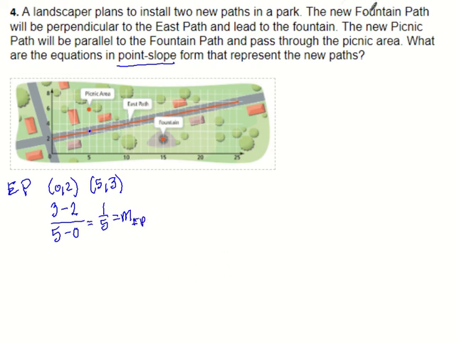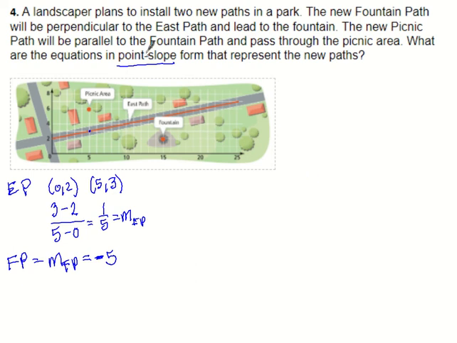Now, it says right here that the fountain path is perpendicular to the east path. So we have to take the opposite reciprocal for the fountain path. So the slope of the fountain path, I'll put FP, fountain path, the opposite would be negative, and the reciprocal would be flipped over, so 5. So the fountain path's slope is negative 5.